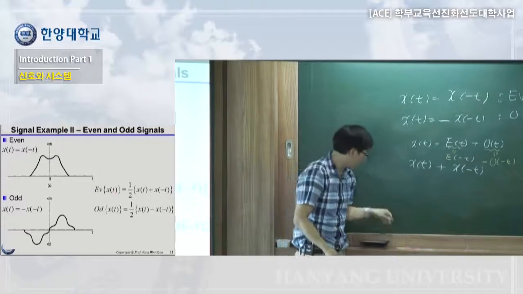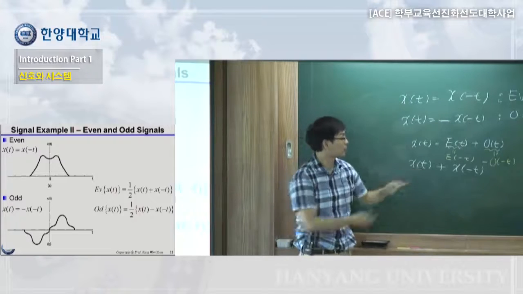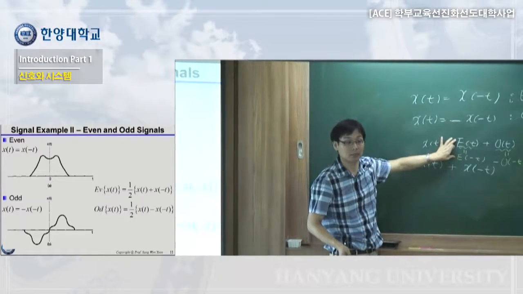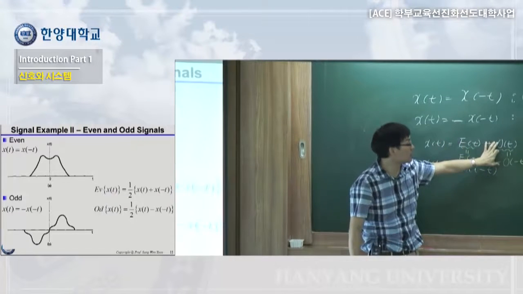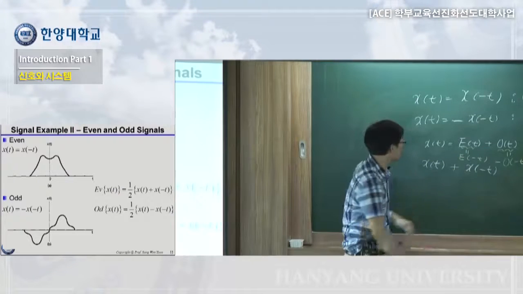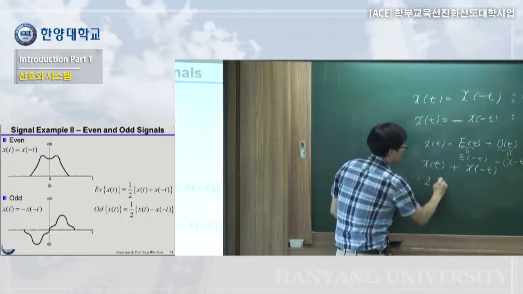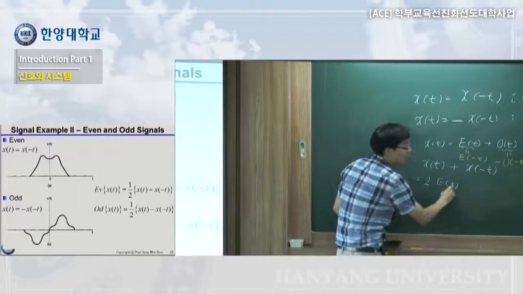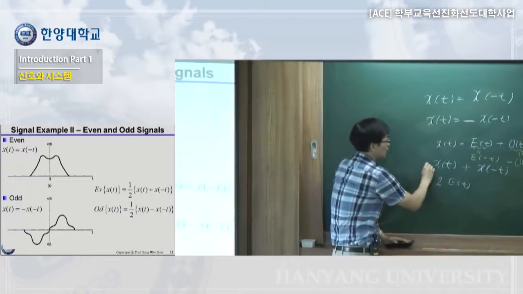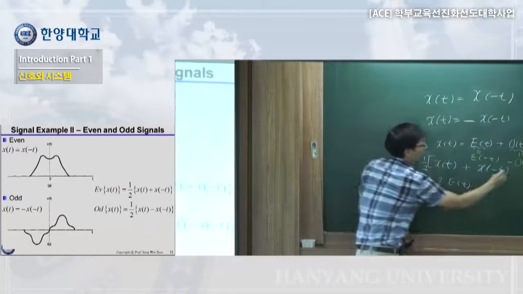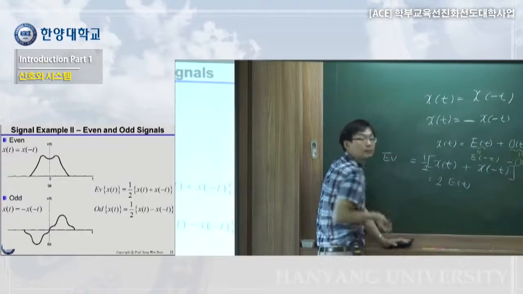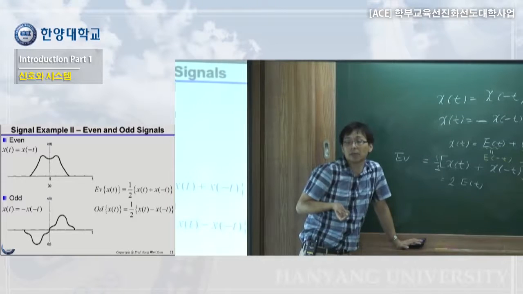So if you add them together, the even part will be added together because they're the same. The odd part will be subtracted because they're plus and minus. So only two times the even part remains. So how can you find the even part? You simply divide by half. That's your even part.